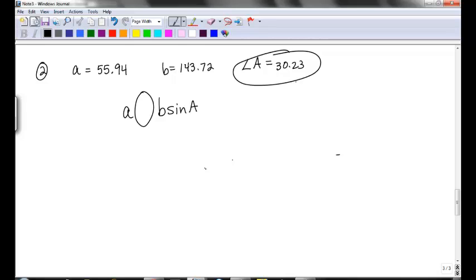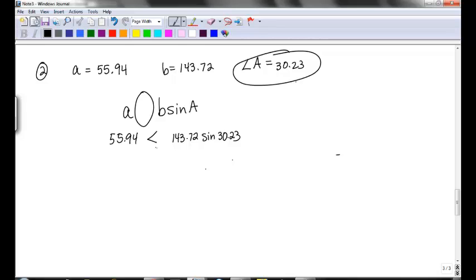Is it equal, less than, greater than? You multiply that out. Less than, greater than, equal to. Less than. Okay, less than. Now you look at your notes.